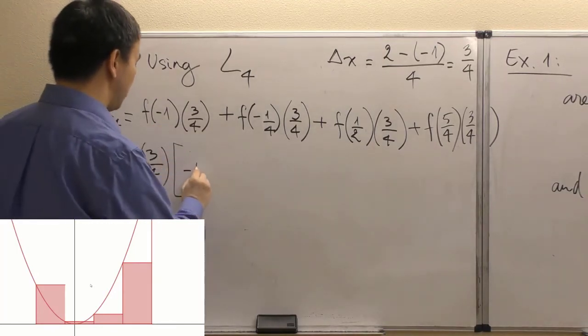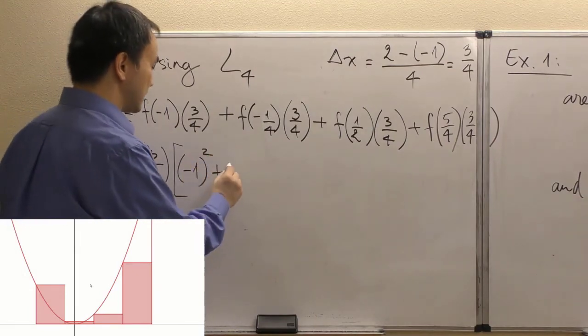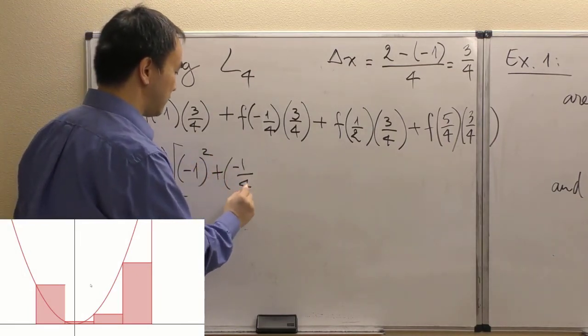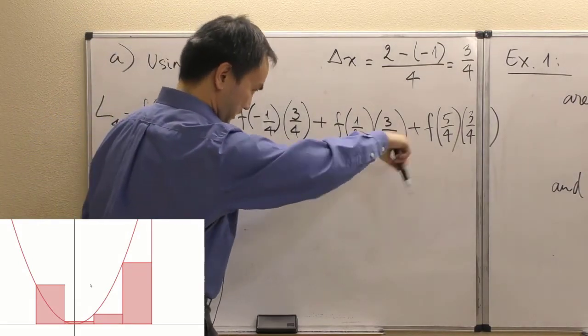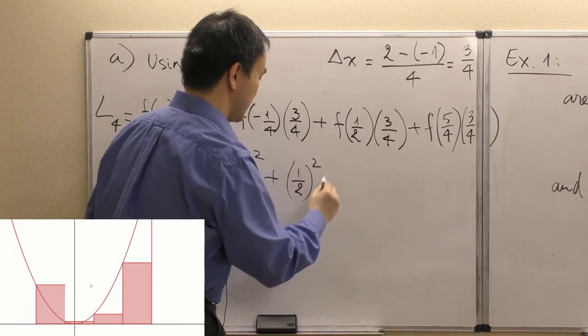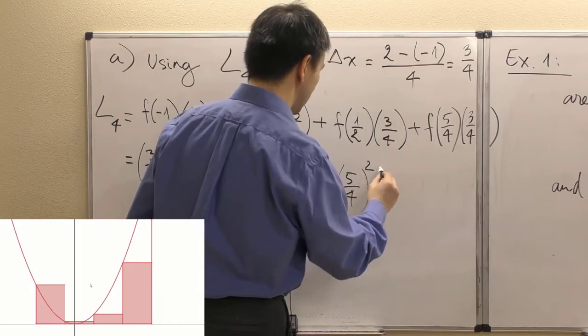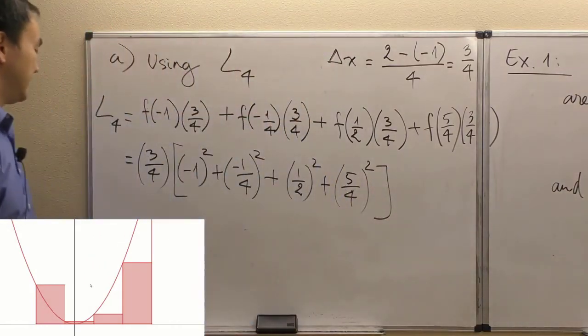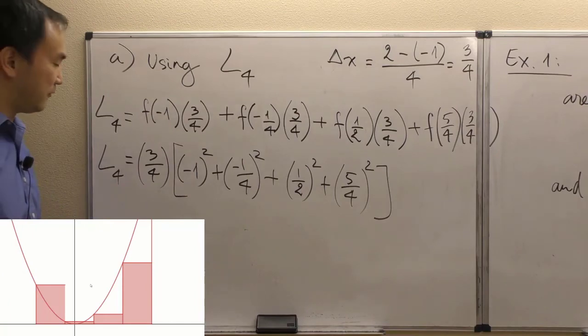So negative 1 is the substituted value, and I'm going to square that. Next value is negative 1/4, I'm going to square that. Next, the third sub-rectangle, I'm going to look at 1/2 squared. And the last one is 5/4 squared. That's my value for L4.